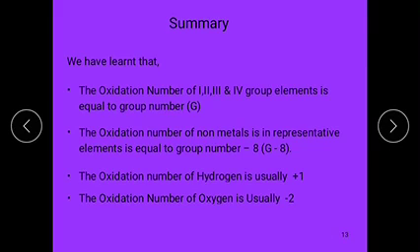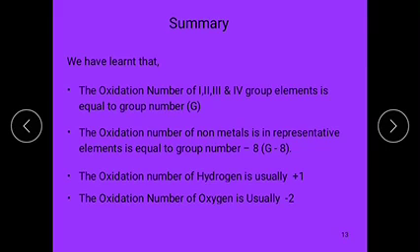And next one is that the sum of the oxidation numbers of atoms in an ion is equal to its charge. For example, SO4 2- is an ion, the sulfate ion, made up of sulfur and oxygen.